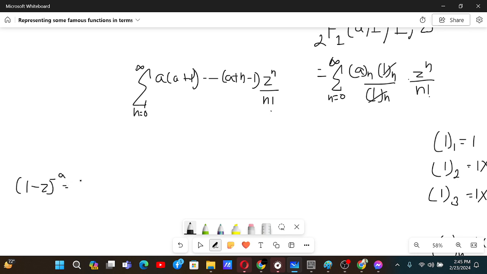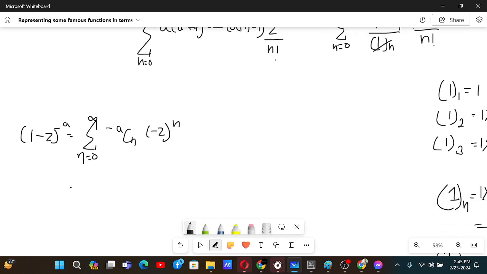So first of all, we will just have basically the sum going from n equals 0 to infinity, of minus a choose n, and then minus g to the power n. Yeah, now for negative index, we can make sense of this in this way.